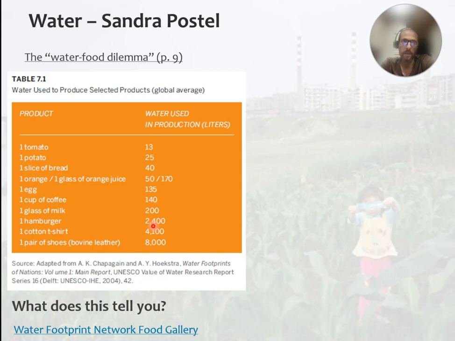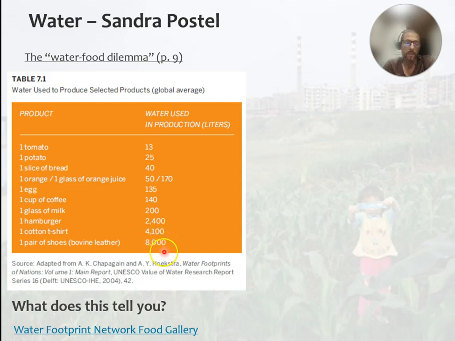And most likely the water used to grow the grass is just rainfall instead of irrigation. So the point is that it's not what the cow consumes in terms of water, it's what it actually eats. Different types of cows that are raised different ways will have different water footprints. But you can think about this, one hamburger, I think it's a half-pound hamburger.